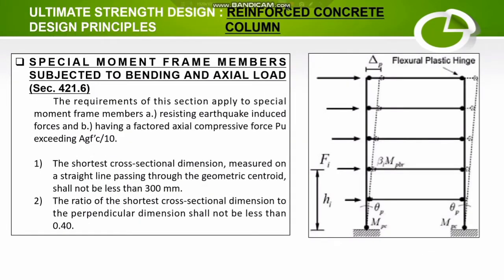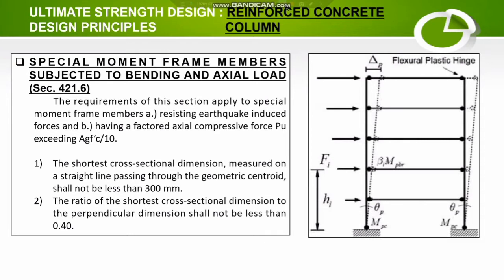For special moment frame members subjected to bending and axial load according to section 421.6, the requirements of this section apply to special moment frame members resisting earthquake-induced forces and having a factored axial compressive force Pu exceeding Ag f'c over 10.